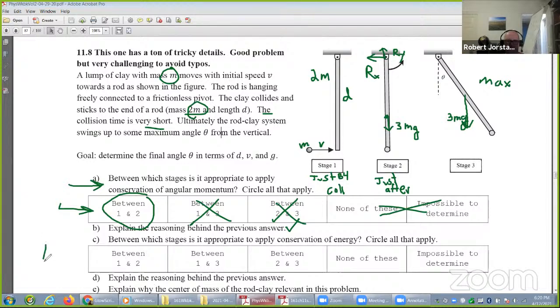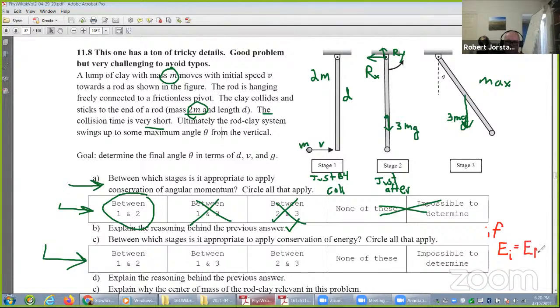How about conservation of energy? Can you even use conservation of energy or not? And if so, when does it apply? Between which stages? I'm going to remind you, if we want E initial equal to E final, what has to be equal to 0?